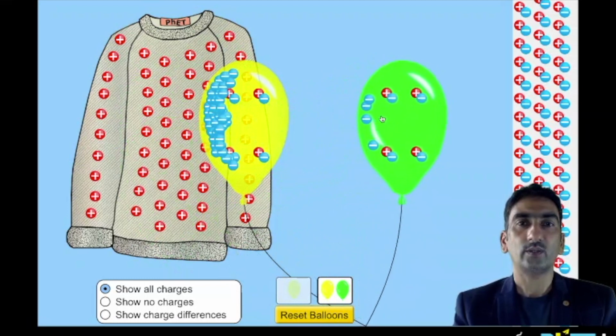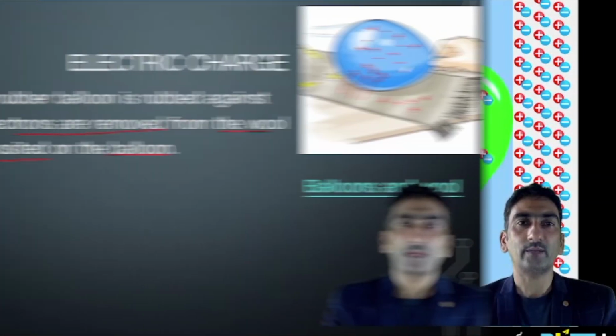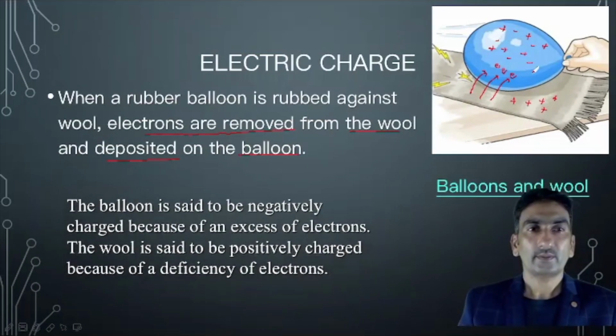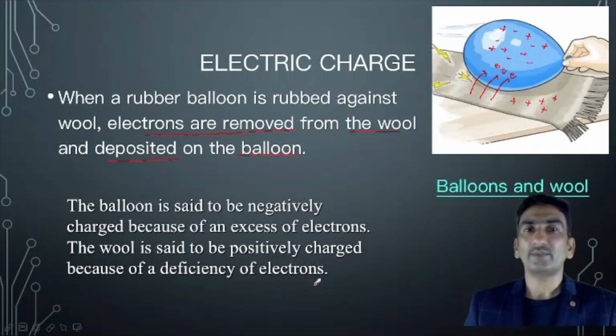So now it would be repelled by this. On the basis of this simulated activity, we come to know what kind of charges are on this balloon and this wool. The balloon is said to be negatively charged because of the excess of electrons on the balloon, and the wool is said to be positively charged because of the deficiency of electrons.